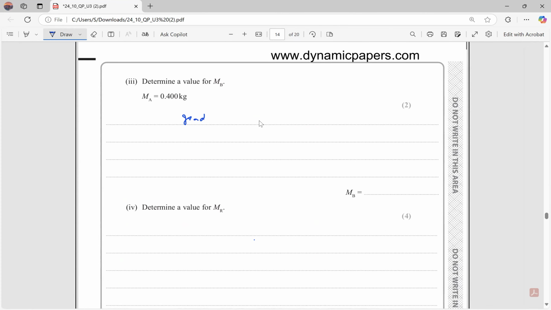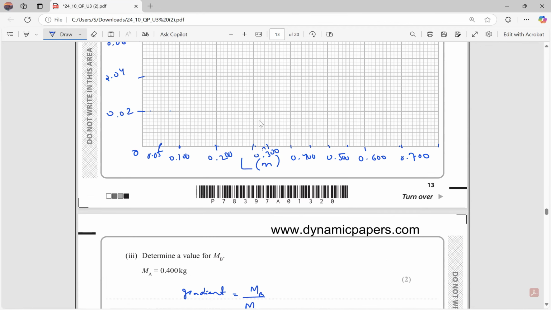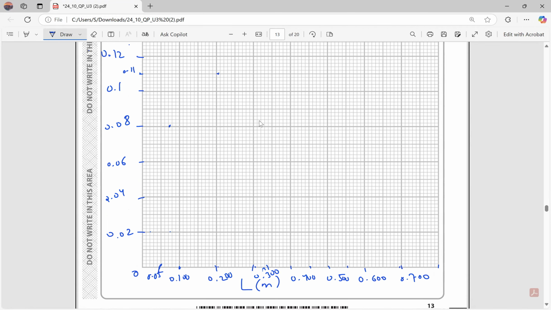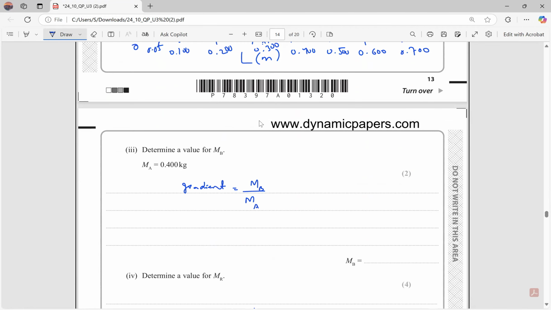Gradient is equal to MB over MA. We know the gradient, which is 0.24. So 0.24 times 0.4, and that will be equal to MB. So MB is 0.096 kilograms.